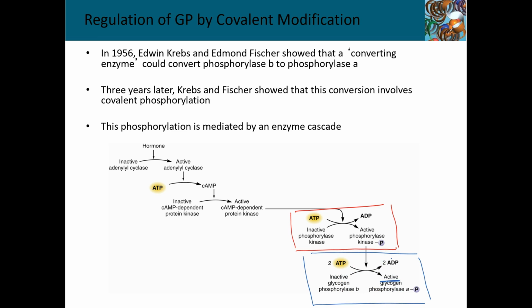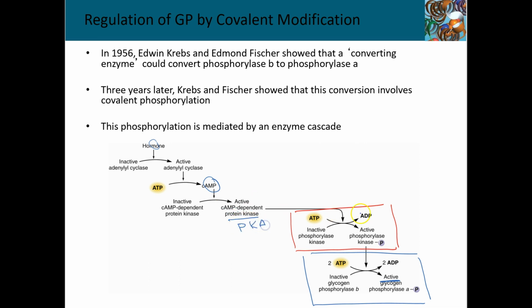But preceding it, you can have any kind of hormone signaling take place, and it'll activate an enzyme called adenylyl cyclase, which will convert ATP to cyclic AMP directly, not through consuming it for energy, but by modifying it structurally. And the cyclic AMP then activates the cyclic AMP-dependent protein kinase, or PKA.